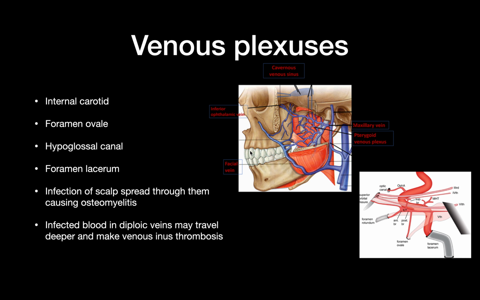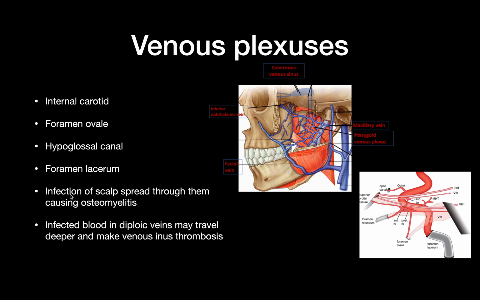There are four main plexuses: the internal carotid, foramen ovale, hypoglossal canal, and foramen lacerum. Plexus just means a confluence of veins.